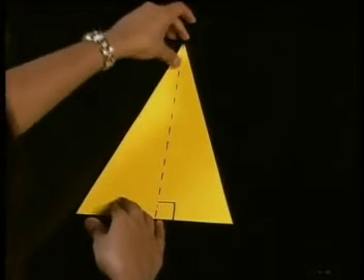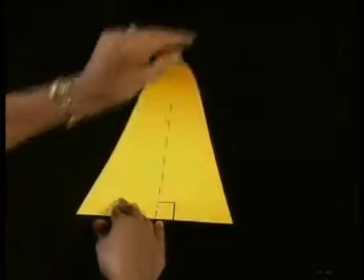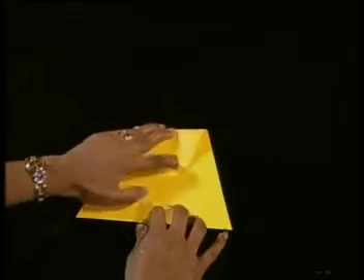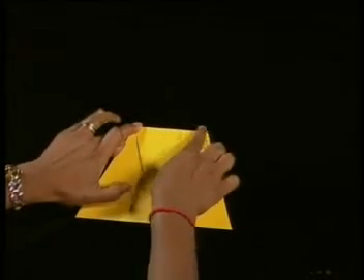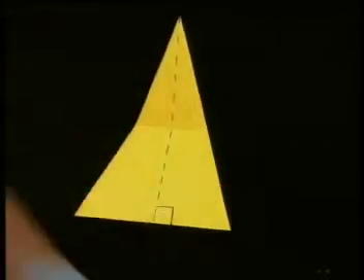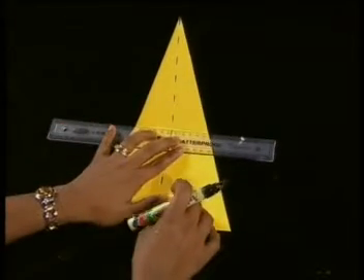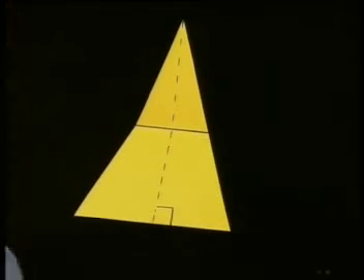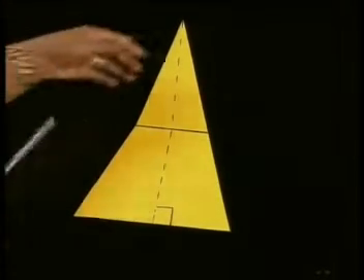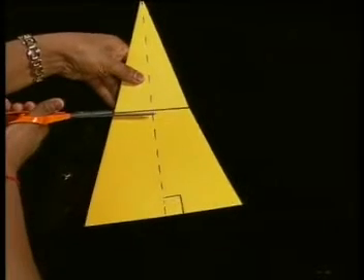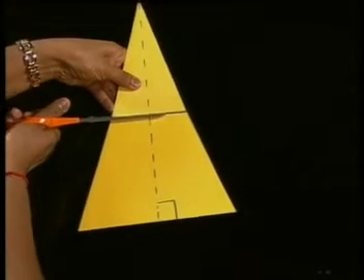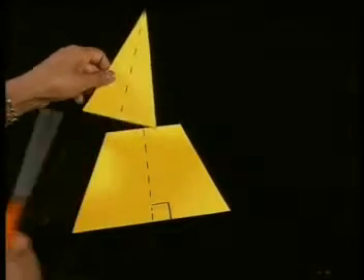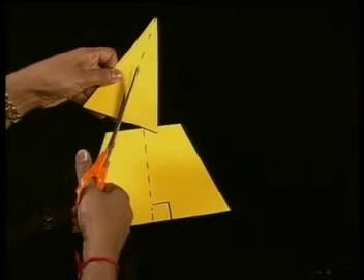I'm going to fold this vertex onto the base like this, so that I can find the midpoint of the sides of the triangle. I'll use my marker to mark the line where the midpoints are joined, and I'll use a pair of scissors to cut along this line. I'll use the height mark as a guide to cut along here as well.